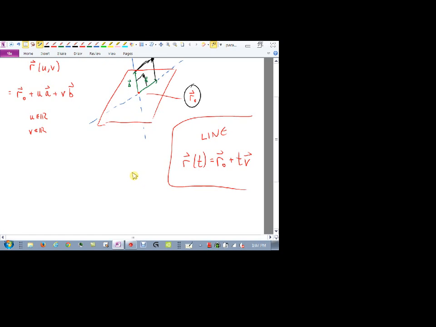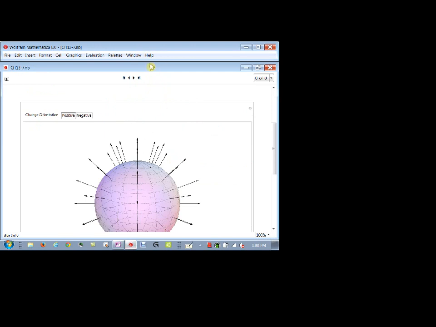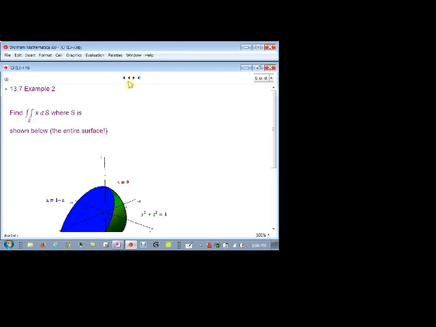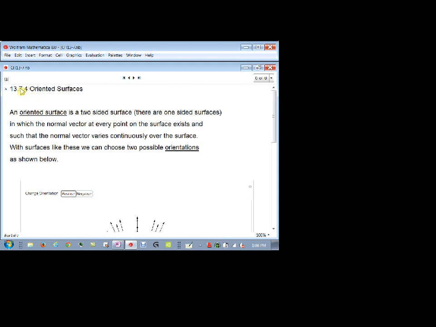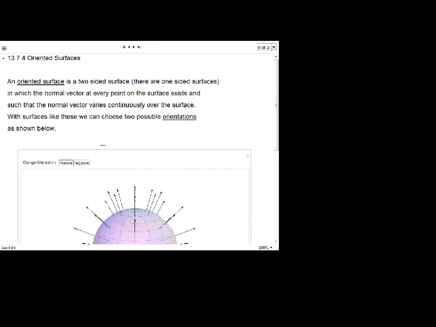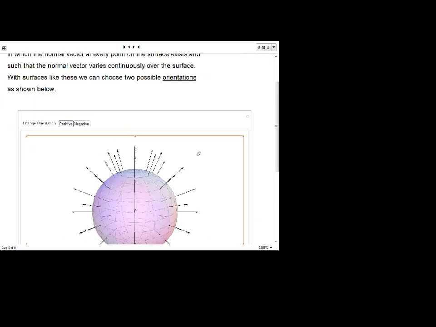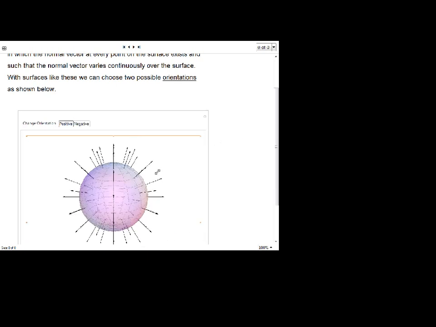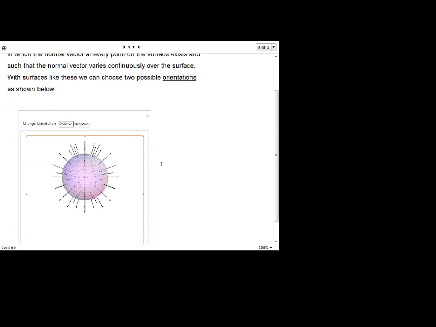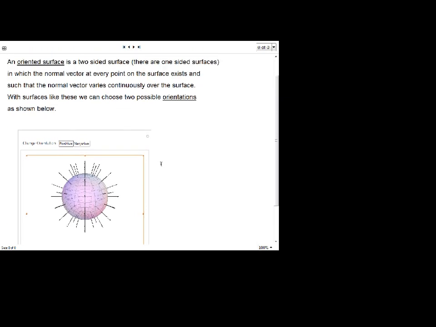Now, let's get on to today's notes. We talked a little bit about this last time, this idea of an oriented surface. If you have a surface, which in this case I'm giving you a sphere, and I got off track with the Mobius and Klein bottle and all that stuff, sorry about that, but we're at the end anyway. If we have an oriented surface, then we should be able to compute the normal vector.